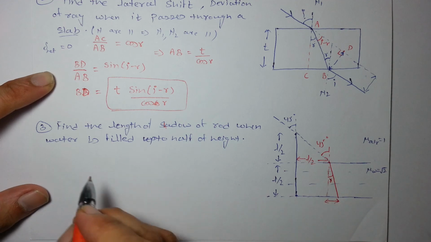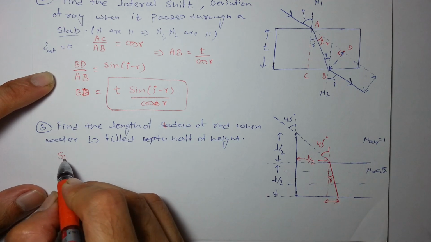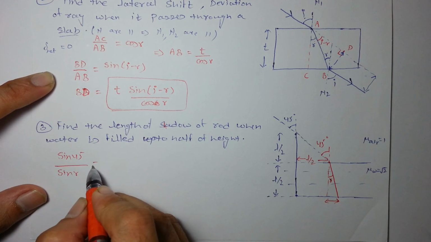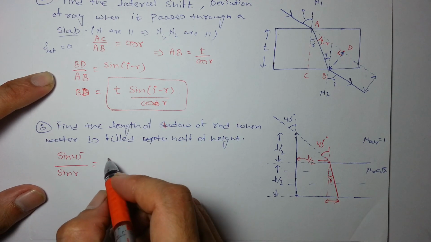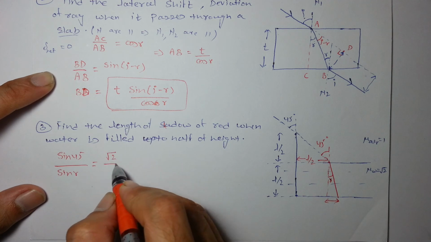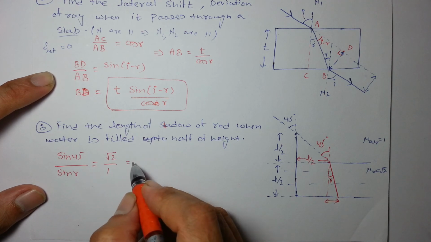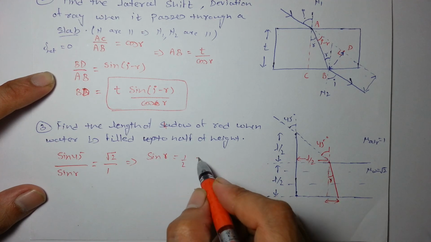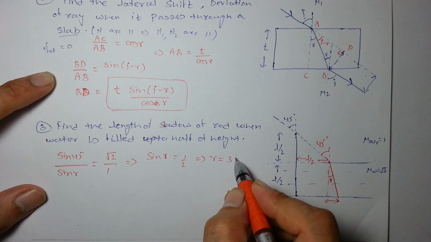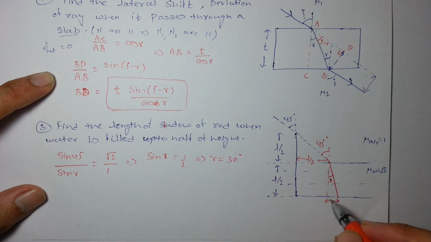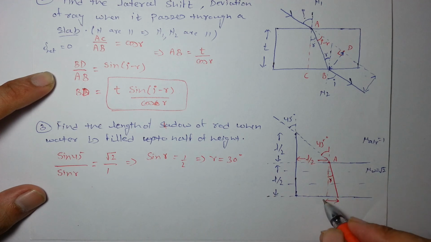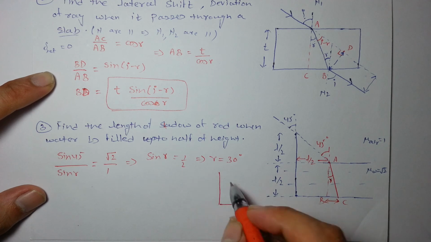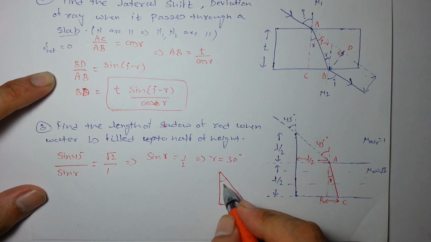So using Snell's law, sin 45 by sin R is how much? Mu 2, which is root 2, by mu 1, which is 1. Sin R is nothing but half. So R is nothing but 30 degree. And in this triangle, let's say ABC. In triangle ABC, this is the triangle. This angle is 30 degree.